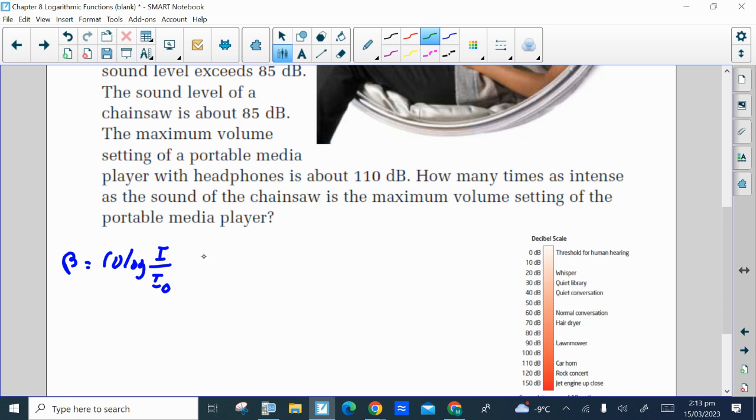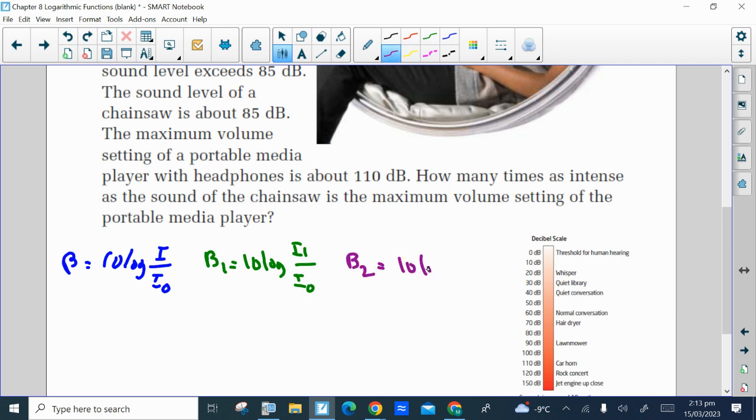So the first one we'll say is beta sub 1. Beta sub 1 will equal 10 times the log of I sub 1 over I sub 0. And then we're going to have the second sound, which we'll say is beta sub 2.